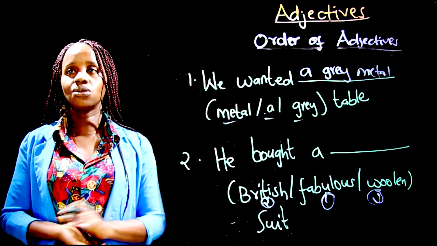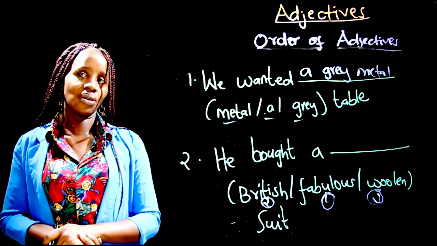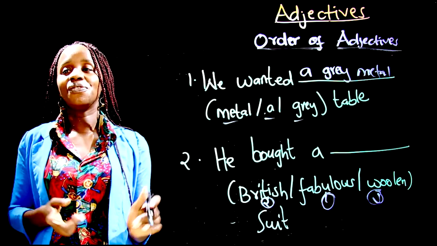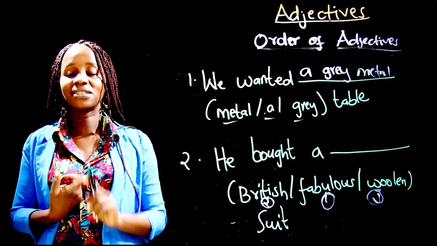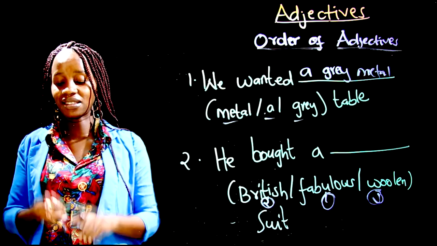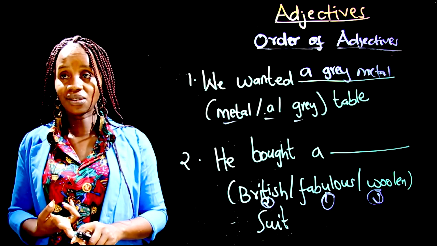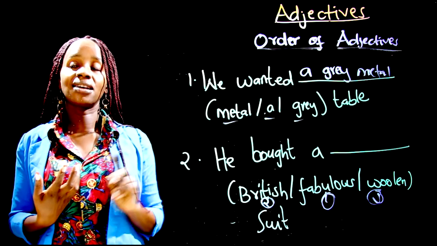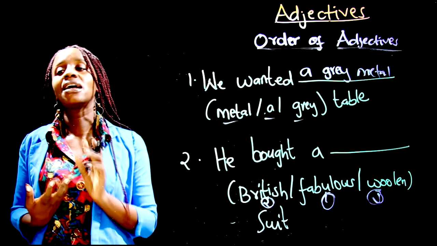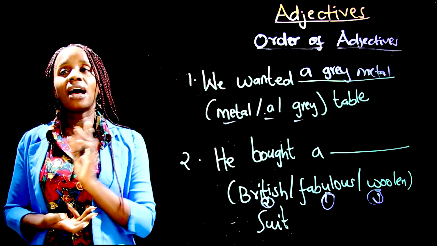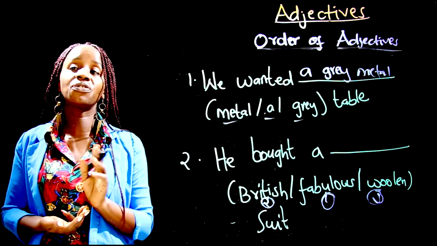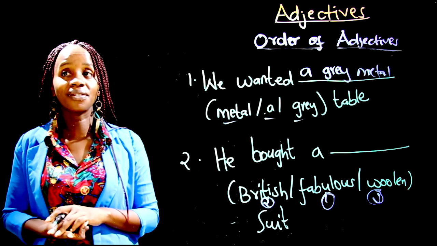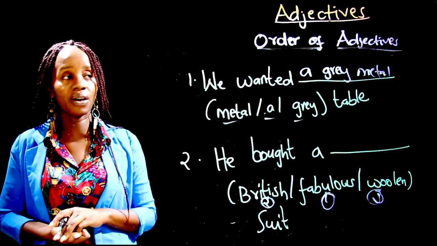Then the noun, suit. So my dear ones, we've done a whole course on adjectives. We've done the definition of what an adjective is and what it does. We've also done how it's written in a sentence, where an adjective can appear before a noun or after a noun with a linking verb.